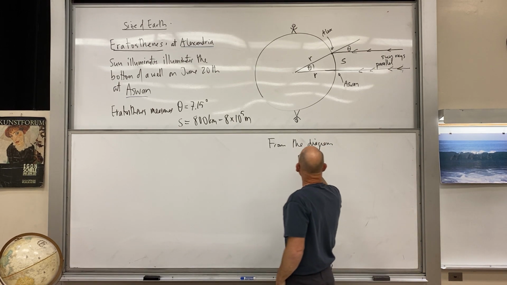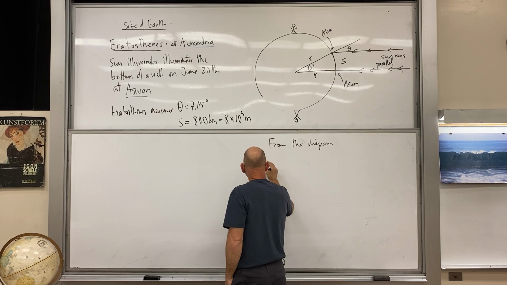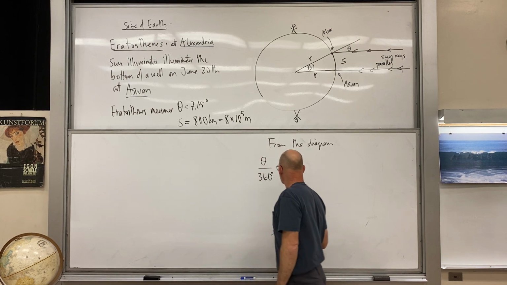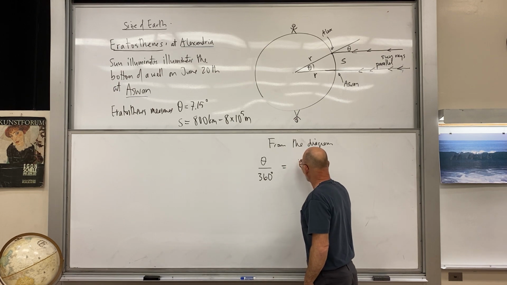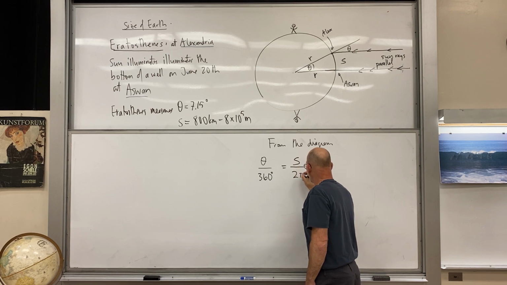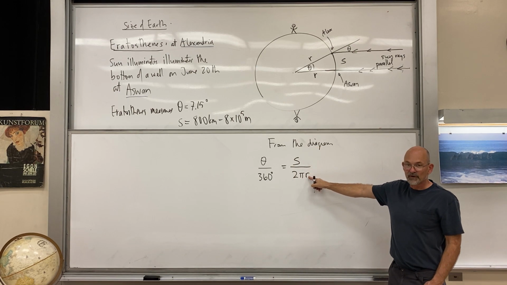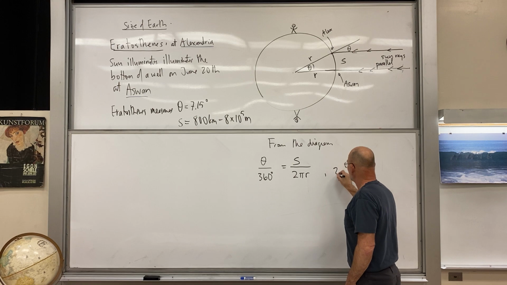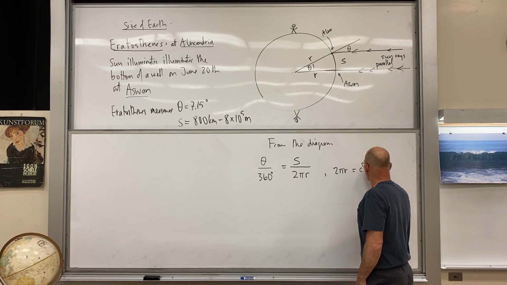So from the diagram, the ratio theta over 360 degrees is equal to the ratio arc length S over 2 pi r, because that's the circumference, right? 2 pi r is the circumference.